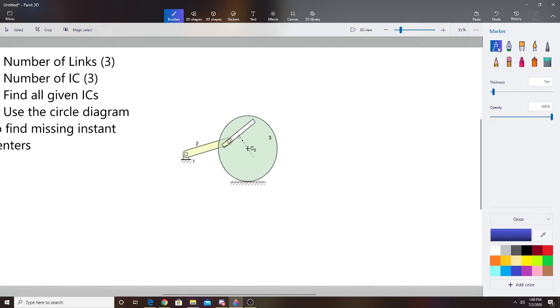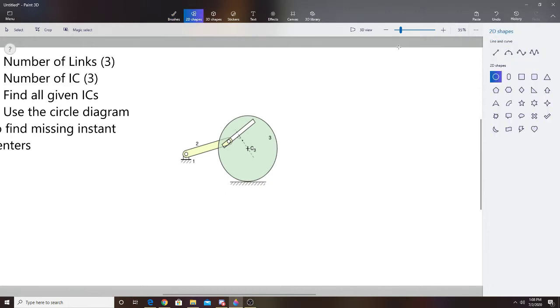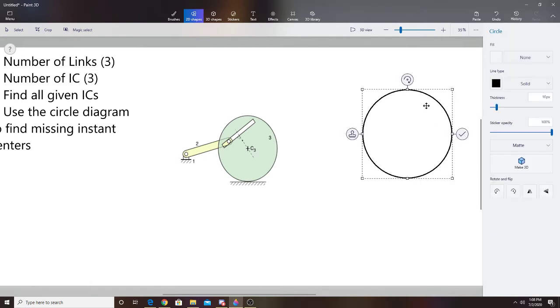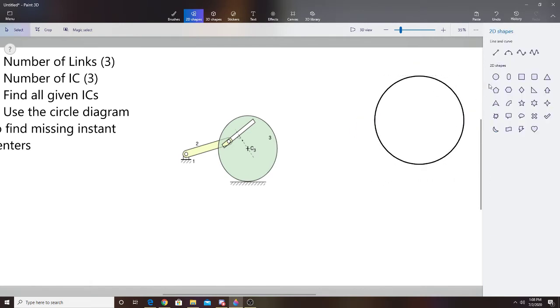So, before we start, that's step 5. What we're going to do is make the circle diagram. So I'm going to draw mine right here. Big circle diagram.